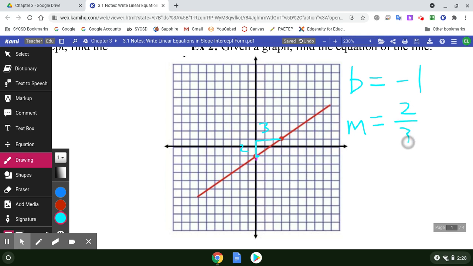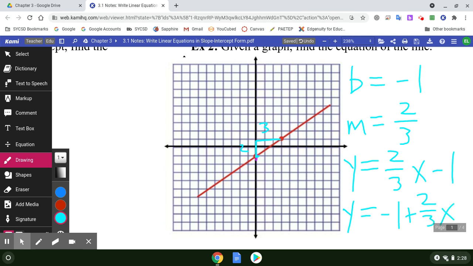So both values are positive, and that makes my equation y equals 2/3 x minus 1. If I'd like, I could also write this as y equals -1 plus 2/3 x, but notice it doesn't change my slope or my y-intercept.